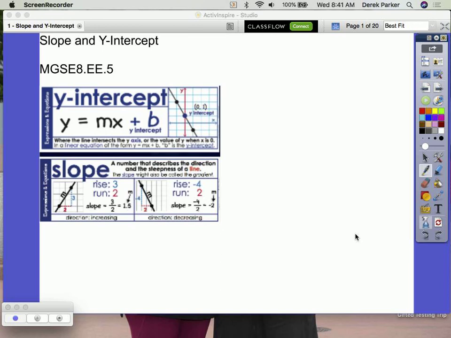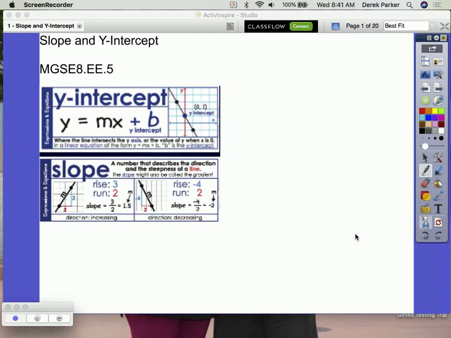The first standard of Unit 5, MGSE 8, Value Expressions 5, deals with slope and y-intercept. Now, you have kind of dealt with this in the previous unit, but this is solely based on y-intercept and slope.